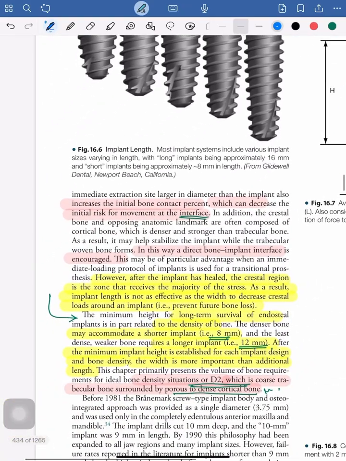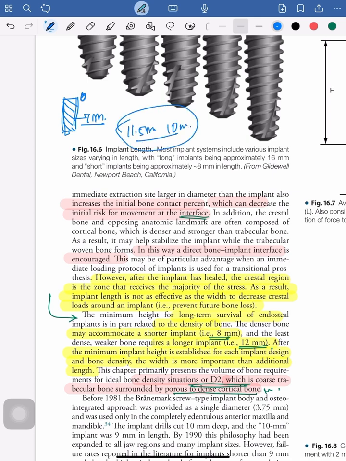Because the maximum stress lies in the first 0 to 7 millimeter, and all those prosthetic failures or implant fractures happen in the 0 to 7 millimeter. So typically an 11.5 or 10 millimeter implant would suffice in most cases, and you don't need a longer implant unless you are planning for immediate loading or immediate placement. In such cases you get primary stability, but otherwise it is not of great significance.